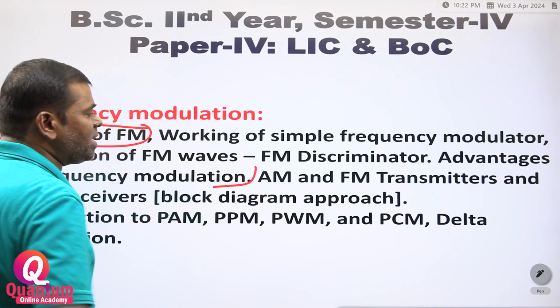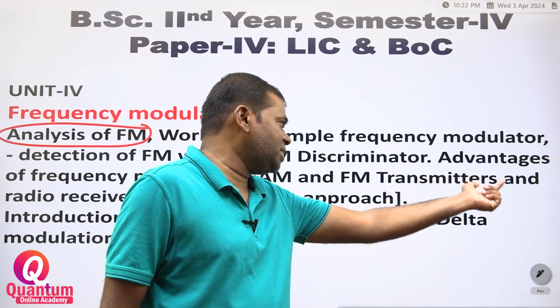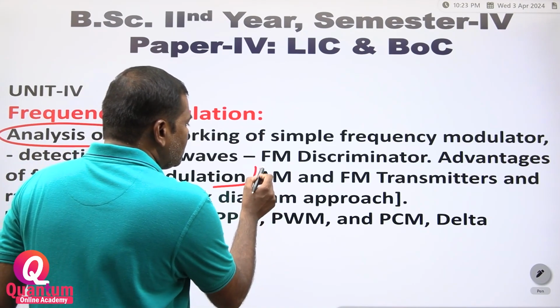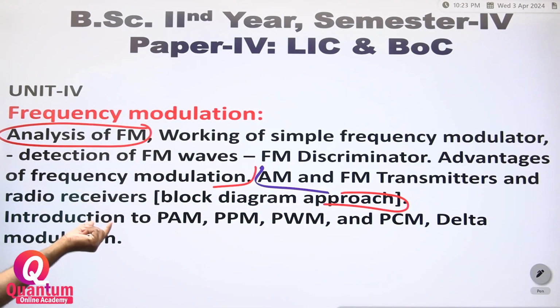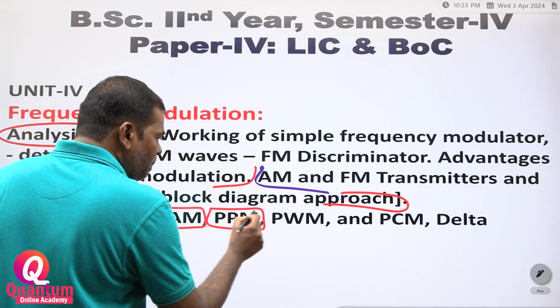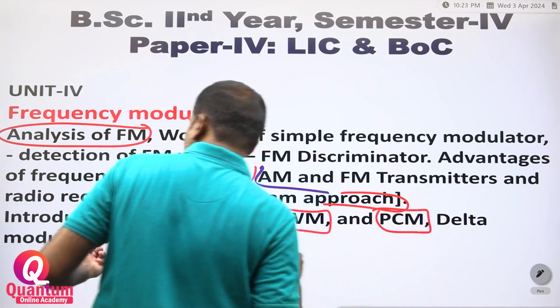Up to here frequency modulation is there. Amplitude modulation, frequency modulation transmitters and radio receivers, that block diagram. This is the second part. The third one is introduction to PAM, PPM, PWM and PCM and delta modulation.